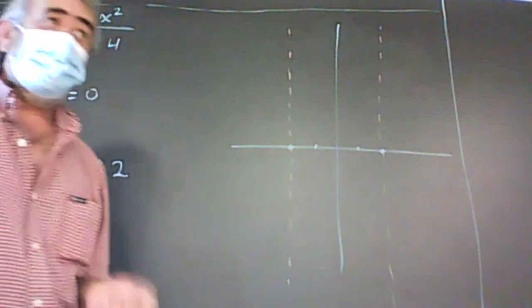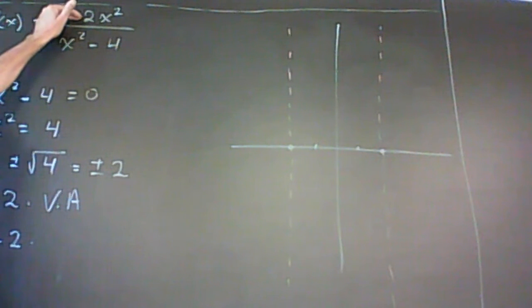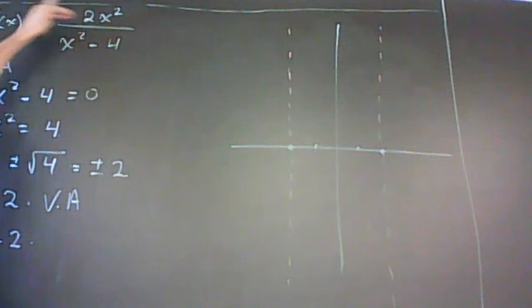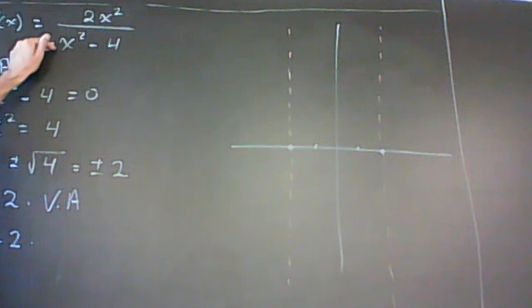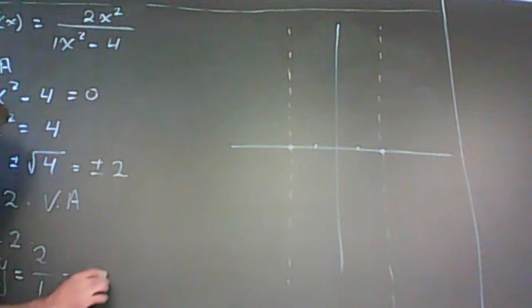So the asymptote would be whatever is in front of the first term, divided by whatever is in front of this term. What do I have in front of this term? 1. Yes? So then, y equal, the top number is 2, the bottom number is 1. So that's equal to 2. Clear?